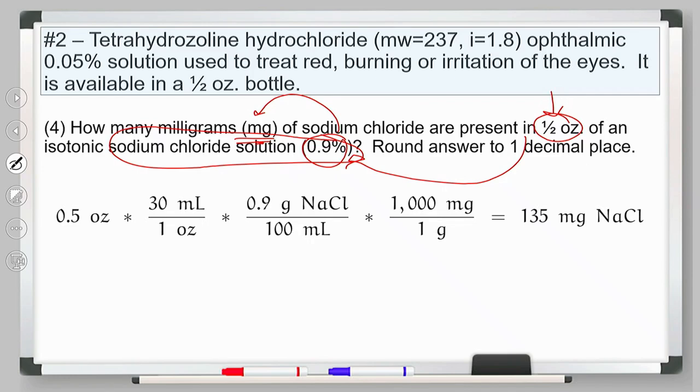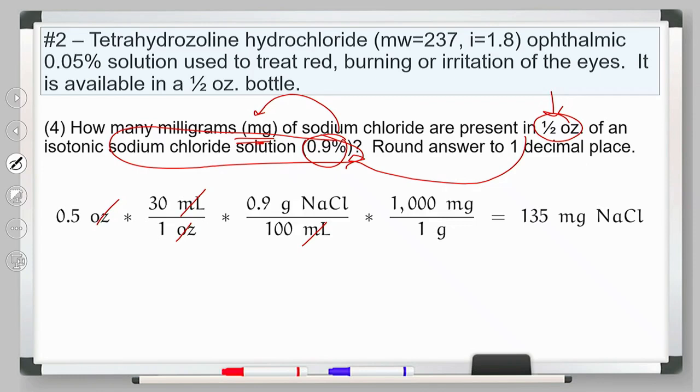Do you remember we said a half ounce times 30 mils per ounce would give us 15 milliliters? 15 milliliters times 0.9 grams over 100 milliliters would convert that volume of isotonic sodium chloride to the weight of sodium chloride it would take to provide that.